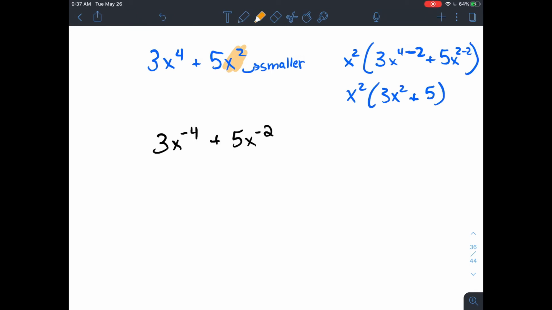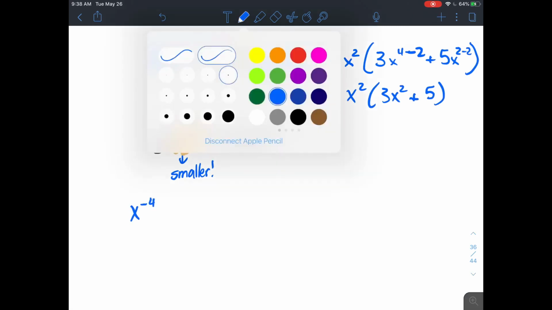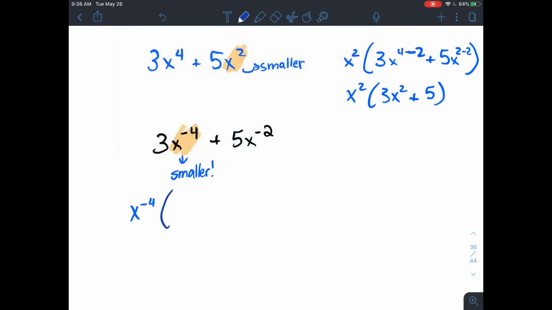If you think about one with negative exponents, x to the negative 4th is a smaller exponent than the negative second power. So my common factor is going to be the one with the smallest exponent. So I'm going to factor that out, and that's going to leave me with, well, you could think, okay, yeah, I took away all x to the negative 4th. I'll just go ahead and write it.